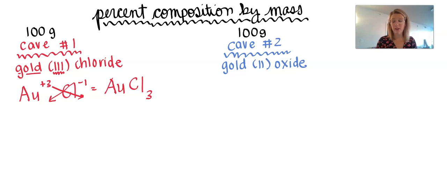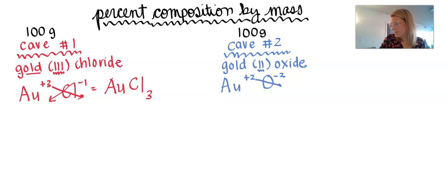If you want to try the second one on your own and pause, feel free to do that. Otherwise, I'm going to go through it right now. Okay, so we have gold, again, Au, and oxide, which is O. Gold 2 means this is literally a +2 charge, and O, the most common charge, and actually the only charge listed on our periodic table, is a -2.